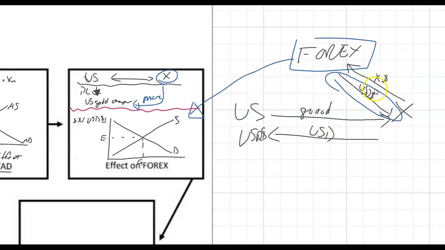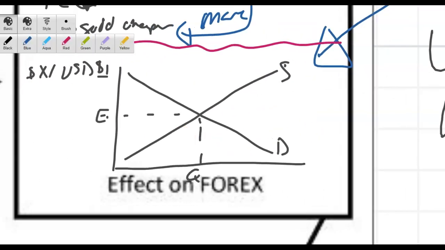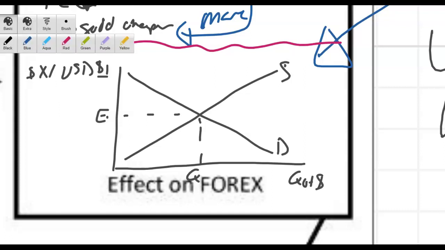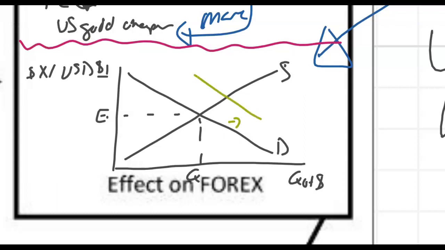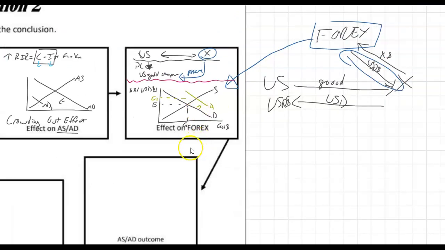I could also do it in terms of X and say there's an increase in supply of X's currency. But because this says quantity of dollars, this whole graph is based on the demand and supply of the dollars. And that increased, which means the US dollar has appreciated.